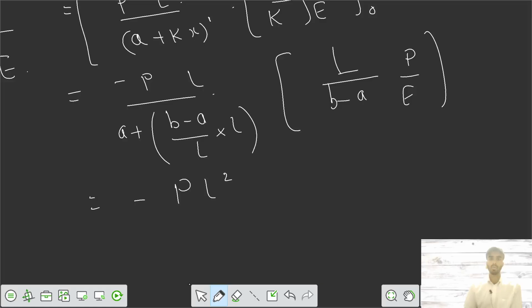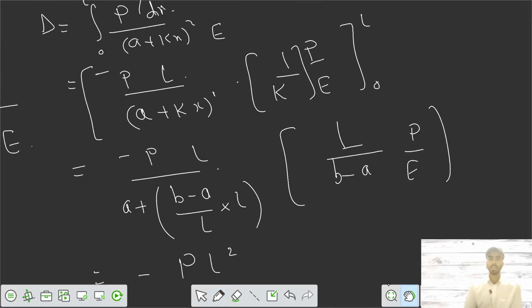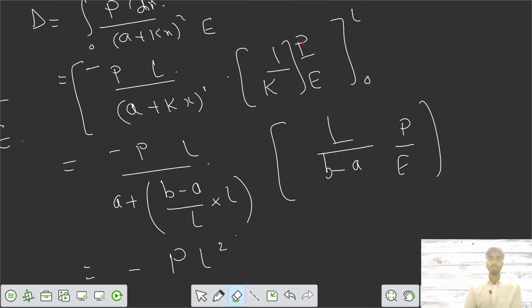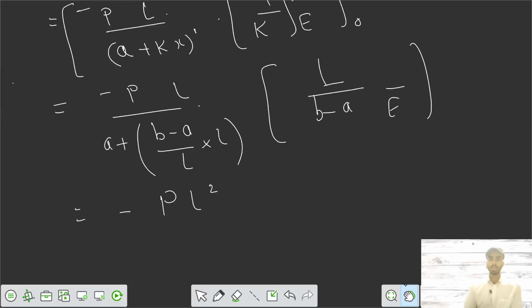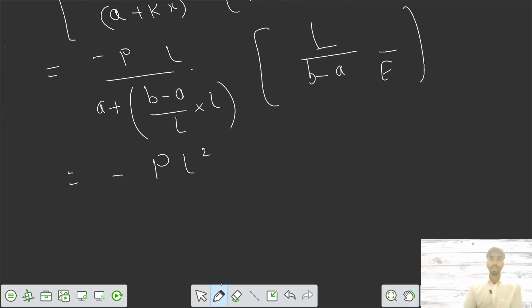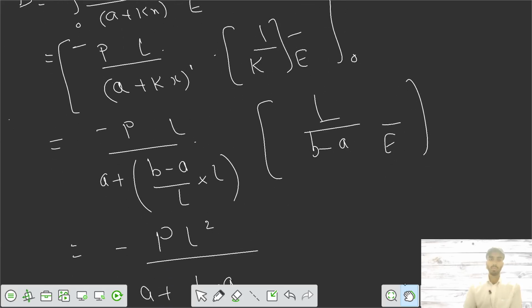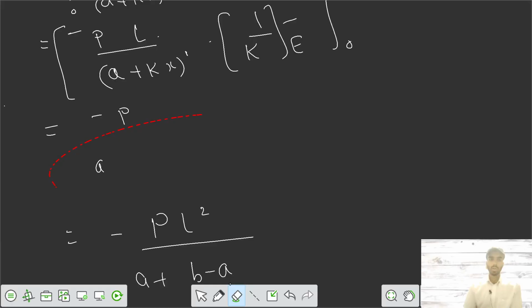What we get, minus PL square... you got PL square by A plus B minus A. Really, just calculate it.